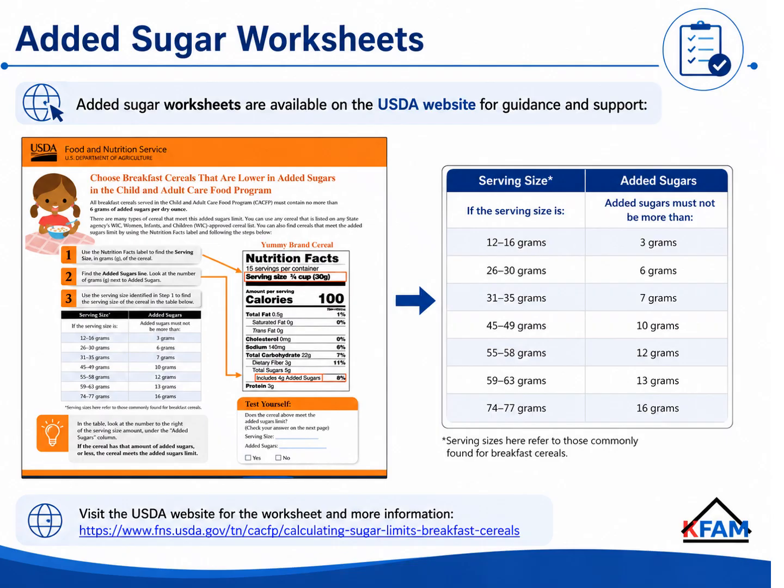And for serving sizes between 59 and 63 grams, the limit is 13 grams. For serving sizes between 74 and 77 grams, the limit is 16 grams of added sugars. These worksheets are designed to make it easier to determine whether breakfast cereals meet CACFP added sugar requirements. For additional guidance and resources, visit the USDA website listed on the slide.